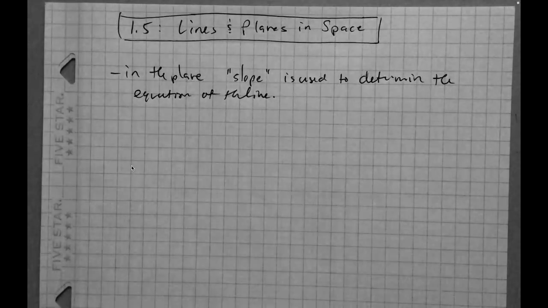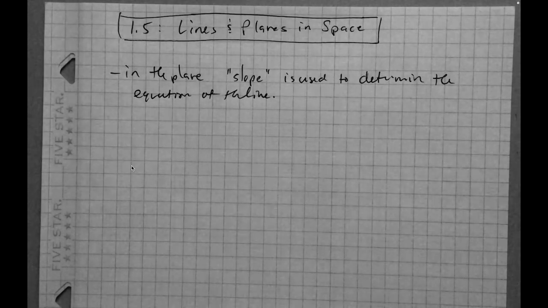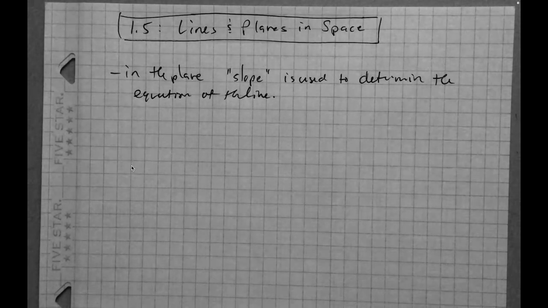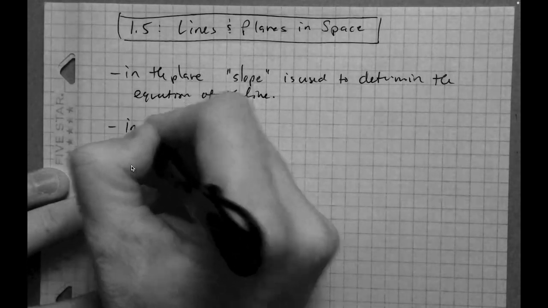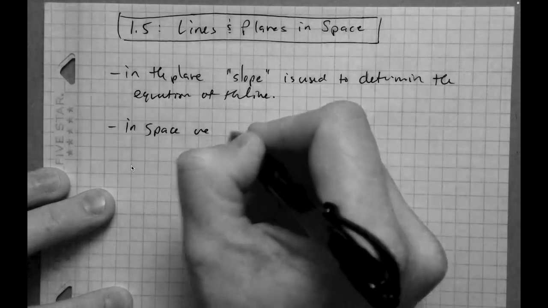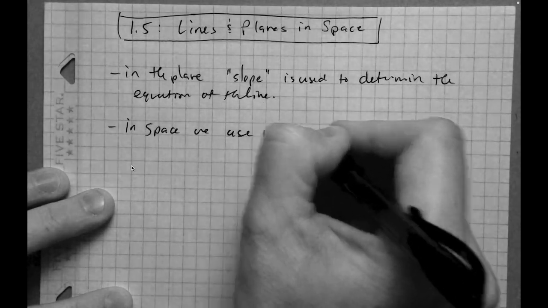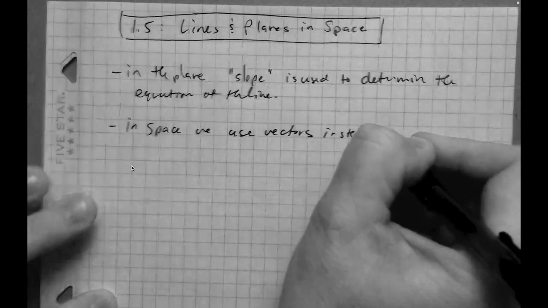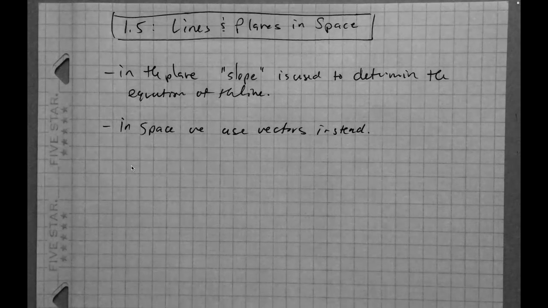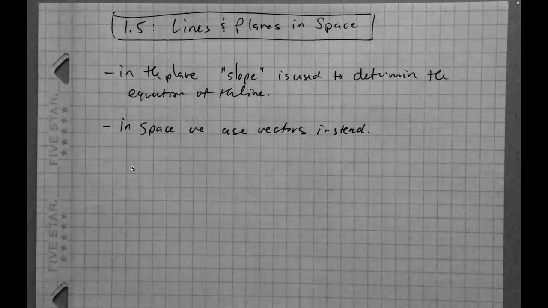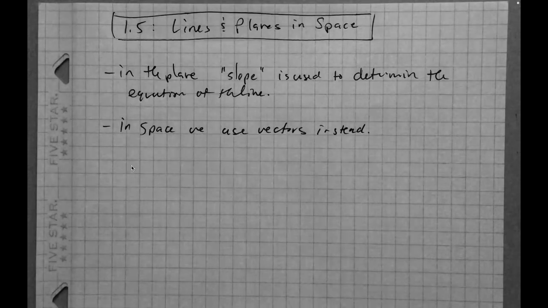In the plane, slope is used to determine the equation of a line. Now in space, because it's not a flat surface any longer, it's better to use vectors to determine the equation of a line. The idea of slope kind of breaks down a little bit in 3D space. It's still a concept, but it's not something that we want to use a whole lot. Instead, we want to use vectors.